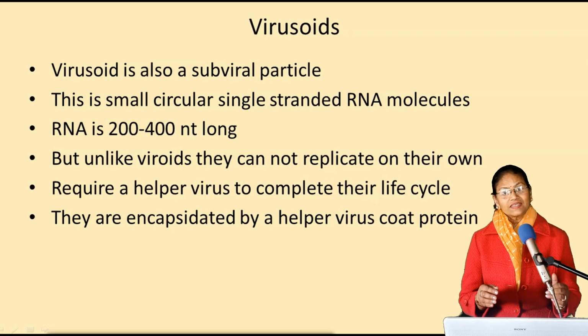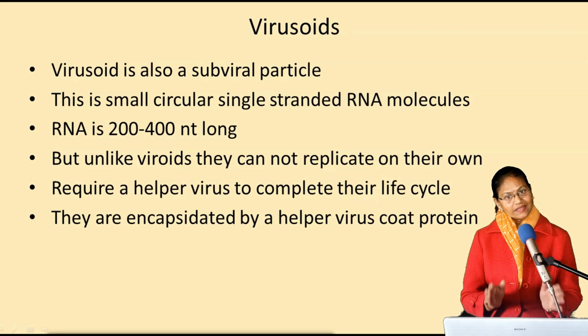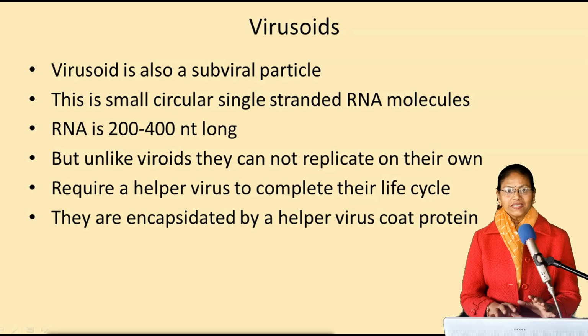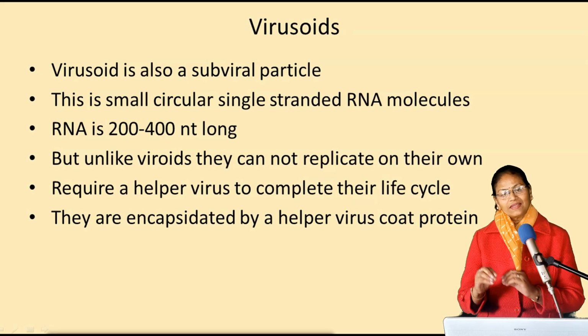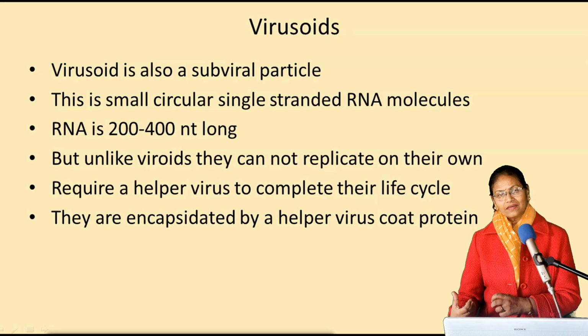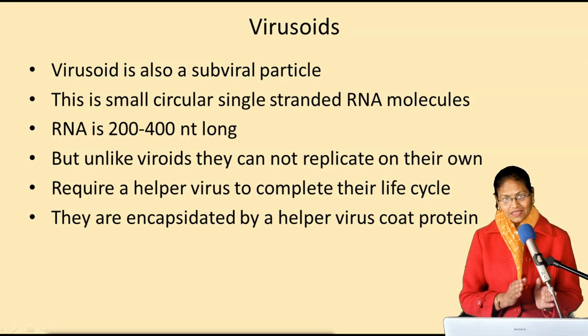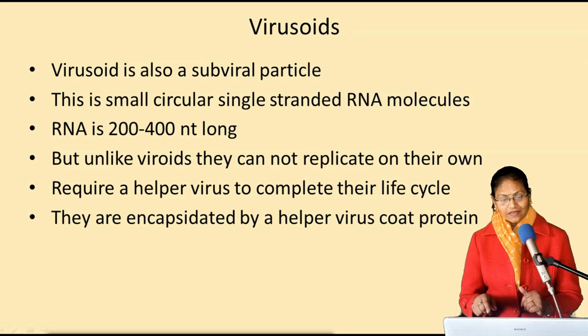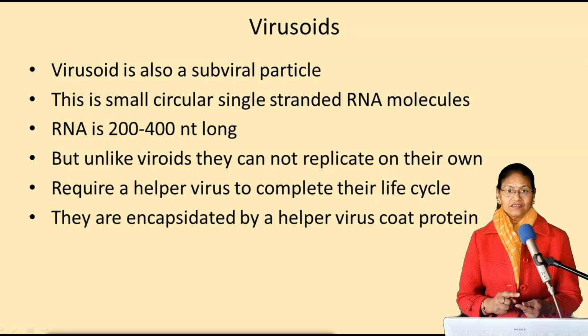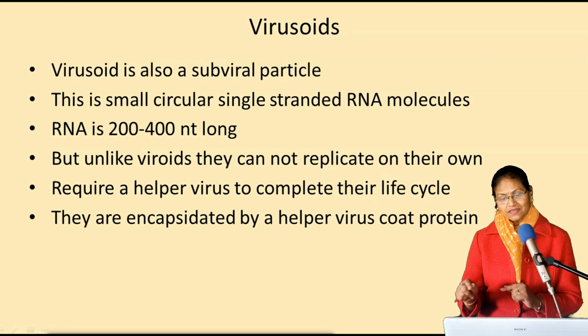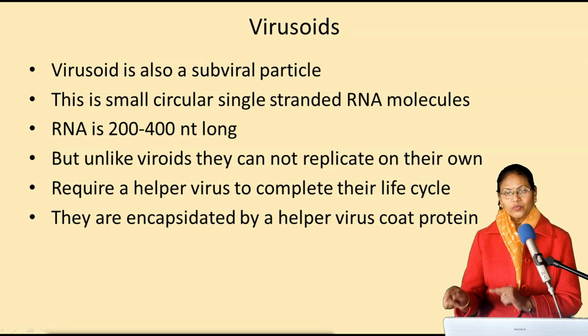So in that stable condition it can remain in the environment, and it can also be taken up by the plant cell as a naked RNA. So these are the qualities which are present in the viroid, but here the encapsulation is needed. So protein coat formation is needed, and that is done by the helper virus coat protein.